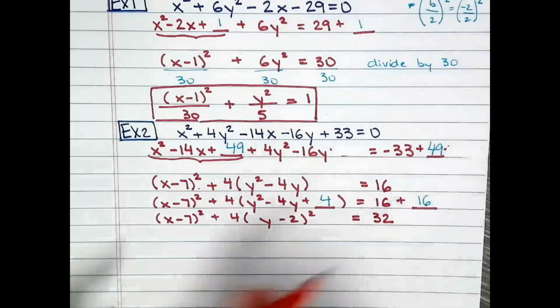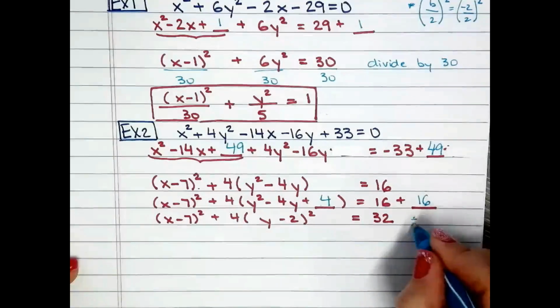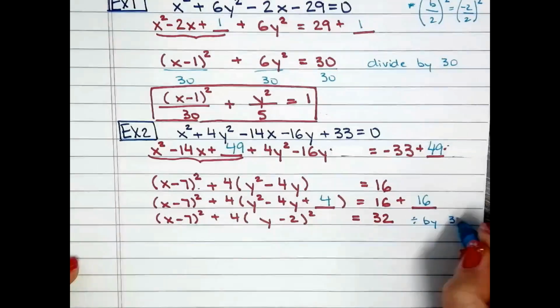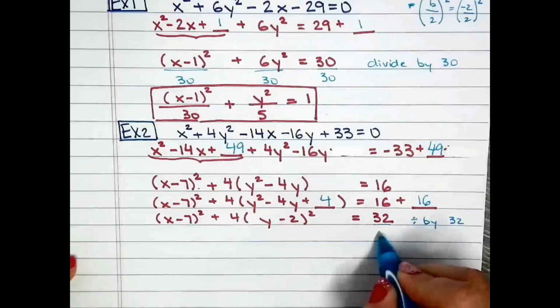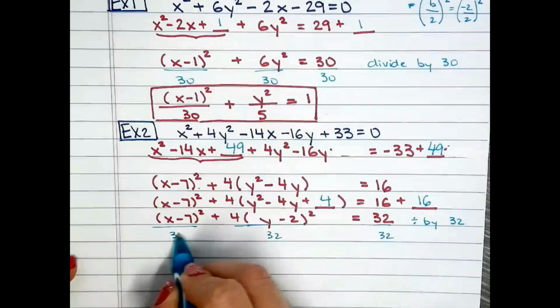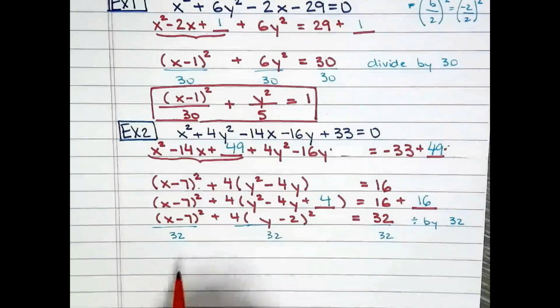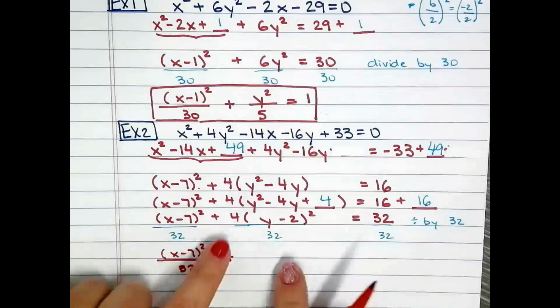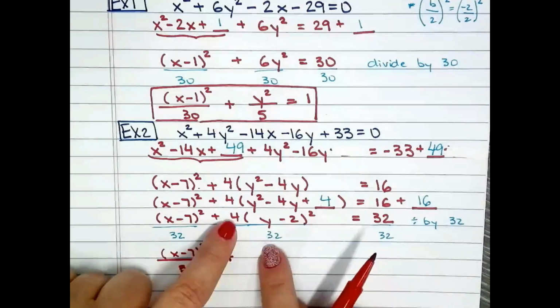So divide by 32. Okay, divide by 32, divide by 32, divide by 32. So x minus 7 squared over 32 plus 4 divided by 32.